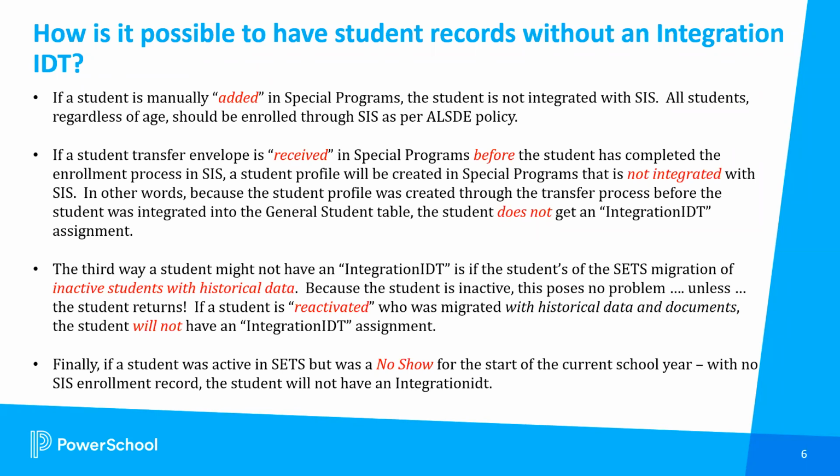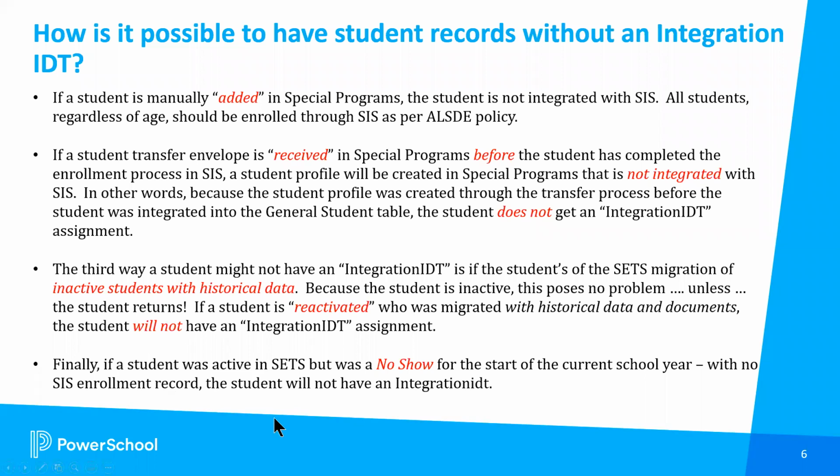And that by nature is fine. The problem is if you had a student who was in your archives, he had been deactivated, and then you wanted to reactivate him because he re-enrolled. And if he got reactivated before the SIS enrollment record came over, then we also had that disconnect of students with no integration IDT. Okay.